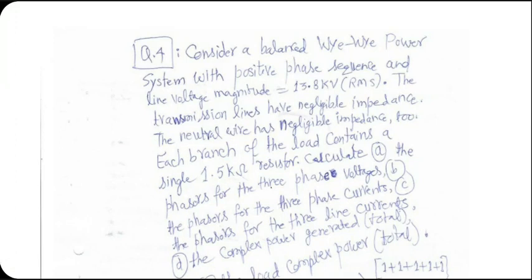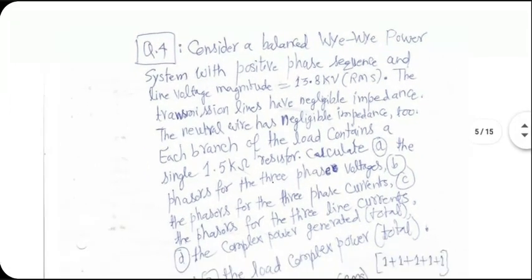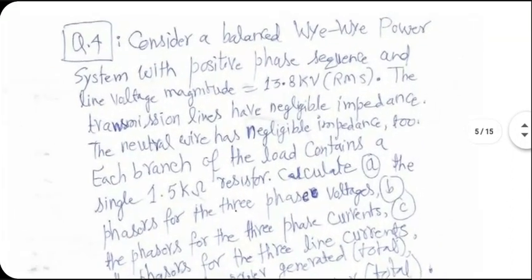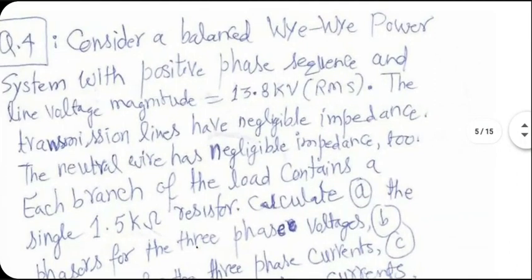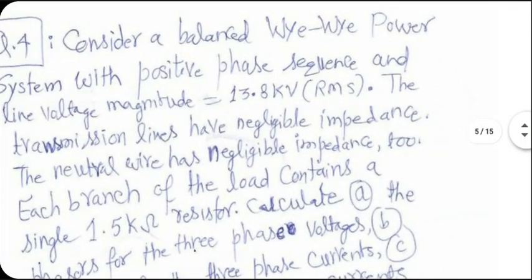Consider a balanced YY power system with positive phase sequence and line voltage magnitude equal to 13.8 kV RMS. In my questions, I'm very clear. I always tell you whether it's RMS or peak. If I forgot to tell you, you assume RMS values for all voltages and currents.